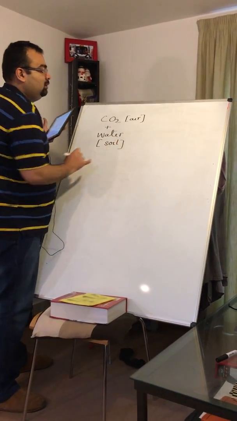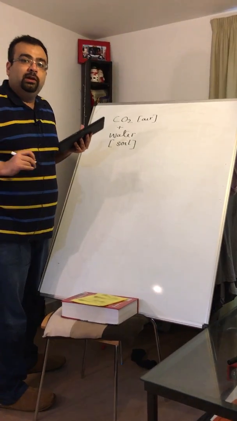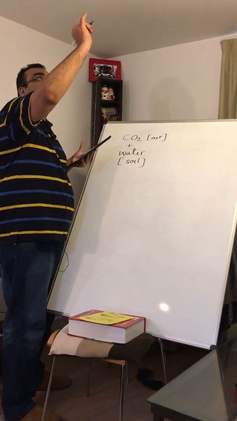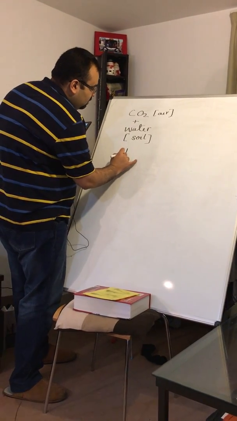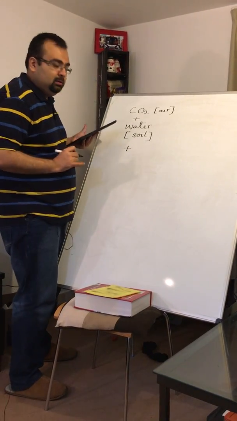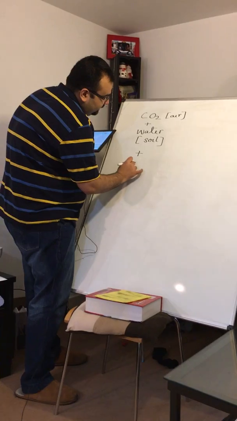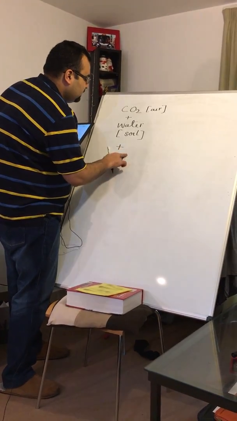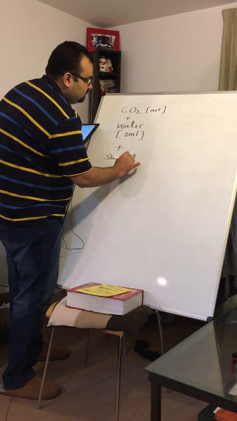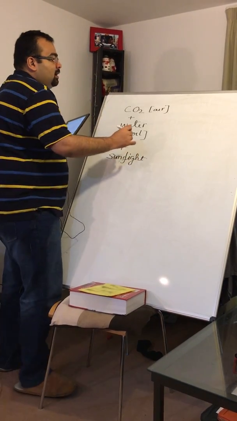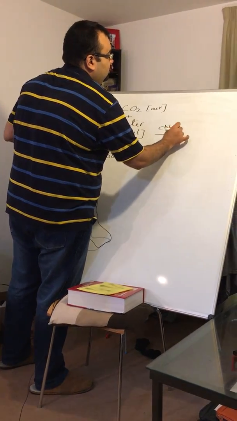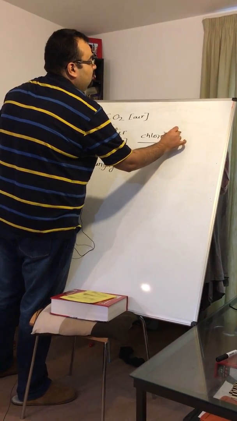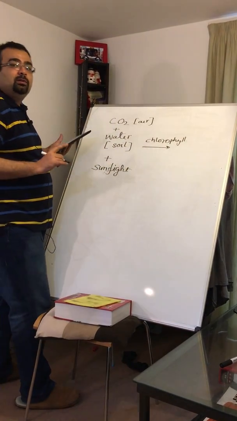Who gets the water up to the leaf? It will go from the roots to the stem, to the leaf. Okay? What else do we need here? Now we need the sunlight. Nothing happens without the sunlight. In the presence of chlorophyll, what is forming?